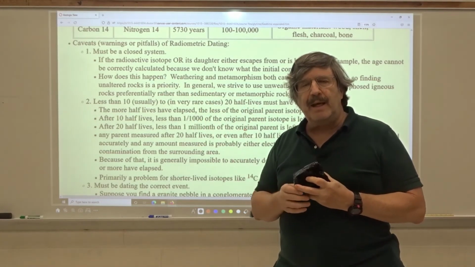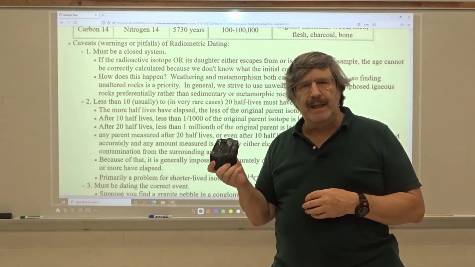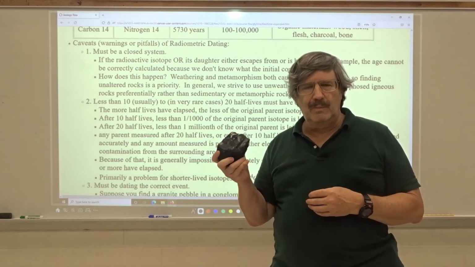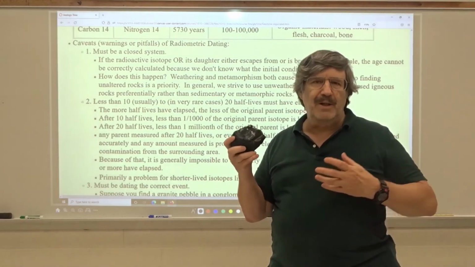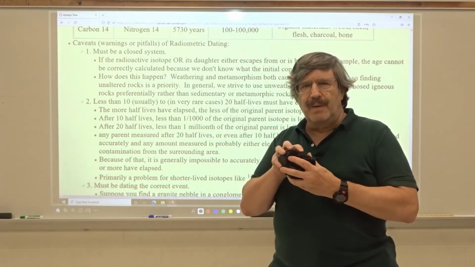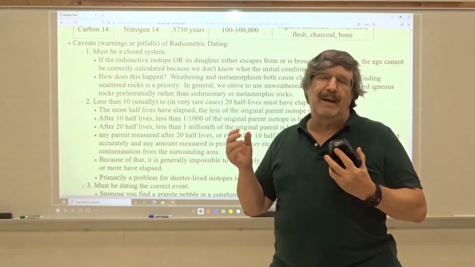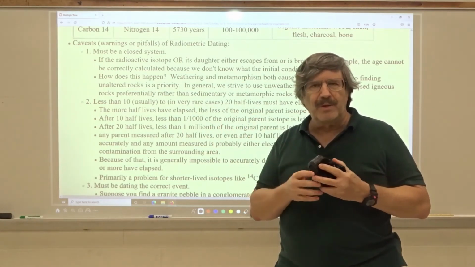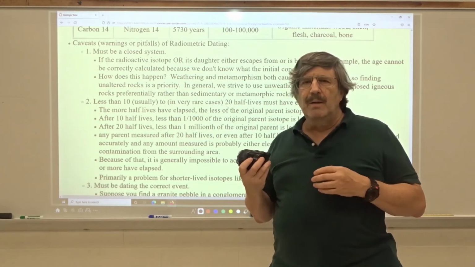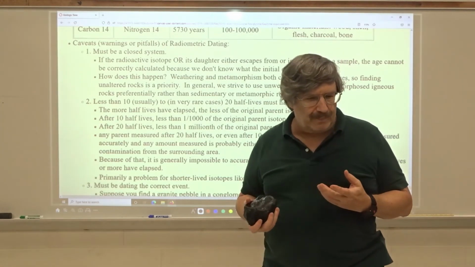If that's the case, then you don't have an accurate idea of how many half-lives have elapsed, because you can't accurately tell how much of the parent isotope you started with versus how much you have now, and the daughter isotope is often helpful for that. So how do you make sure that you get a closed system?